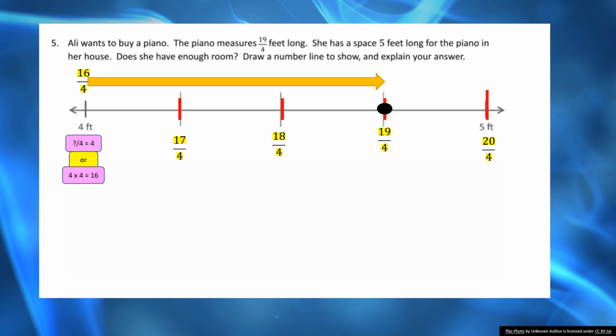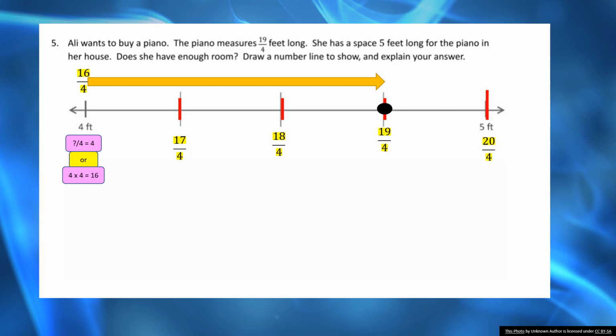I want you to plot it by drawing a dot on the line that represents 19/4 and draw an arrow from the beginning of your number line to 19/4. That's how much space the piano is going to take up.